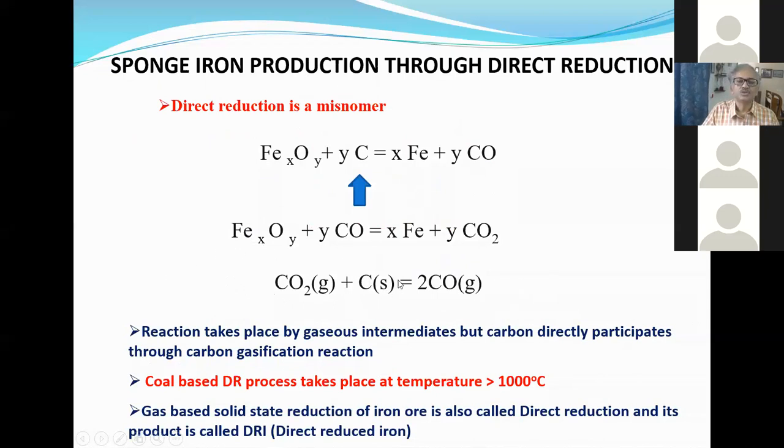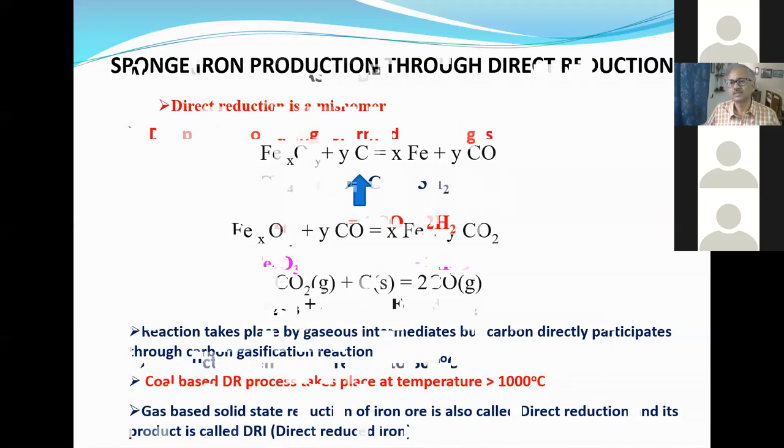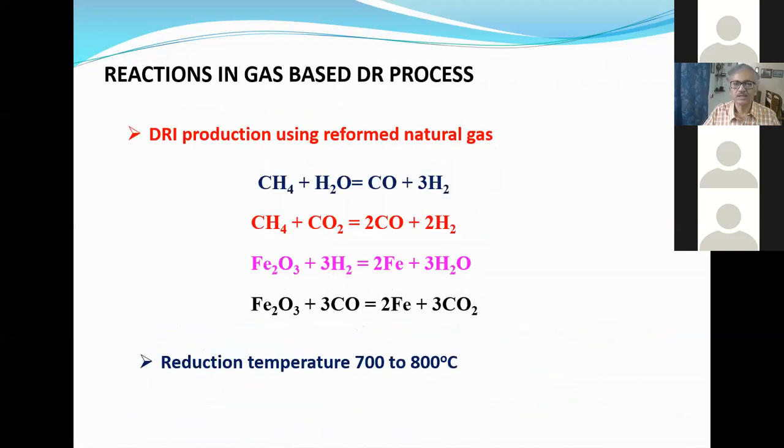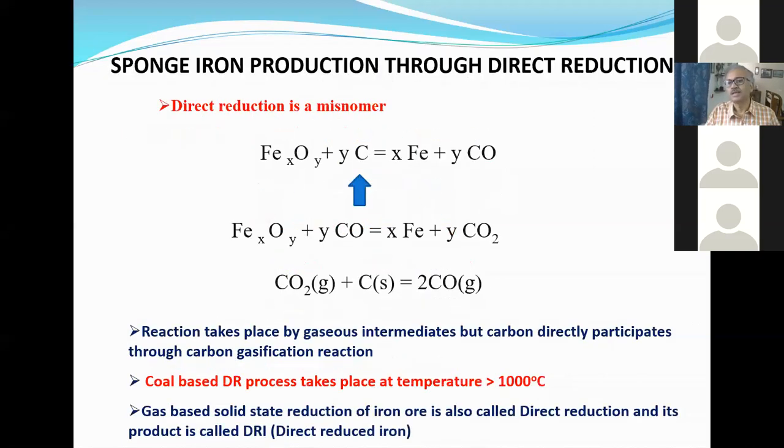Okay. And this reaction is possible only at a high temperature, more than 1000 degrees centigrade. That's why direct reduction takes place at higher temperature. In the blast furnace it takes place in the lower part of the furnace where the temperature is more than 1000 degrees centigrade, where this carbon gasification is very prominent.